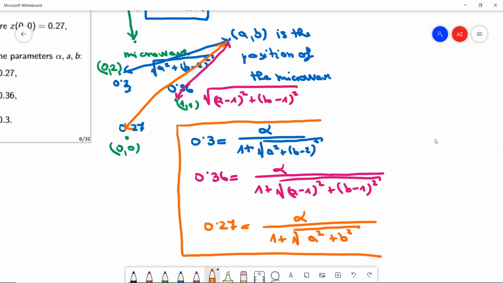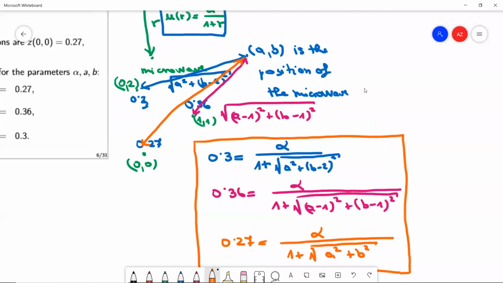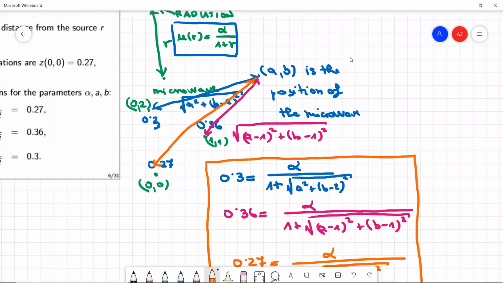So we have these 3 equations in 3 unknowns. We needed 3 positions because in this equation there are 3 unknowns. So we will need at least 3 positions to determine those parameters precisely. If we would be in the 3-dimensional space, then the position would have 3 coordinates x, y, and z, and we would need 4 points, because then 4 parameters would occur in this model.